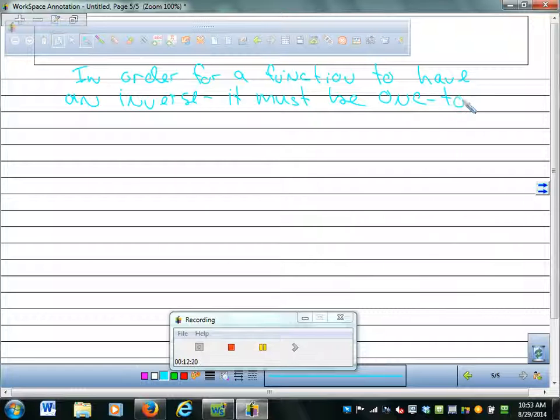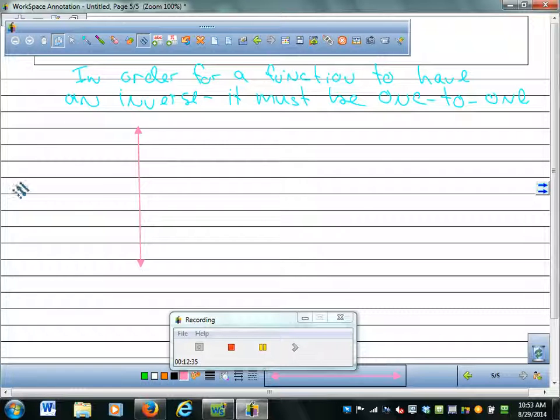And what 1 to 1 means is for every x value, there is exactly one y value, and for every y value, there's exactly one x value. So a function, for every x value, there's exactly one y value.